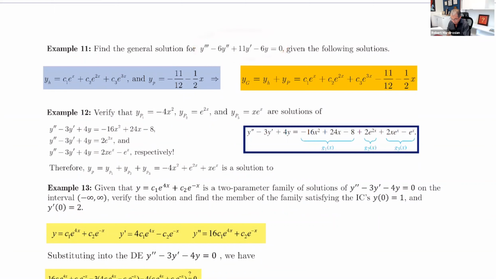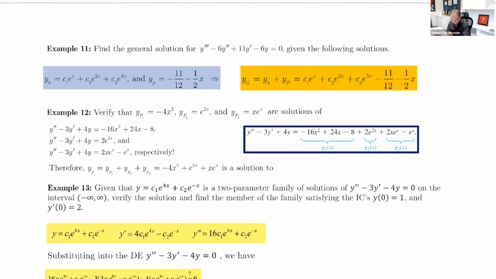This is the same differential equation as in the last example. We know that this is the solution for the homogeneous equation. If we have a particular solution, then the general solution is the homogeneous plus the particular, and we write it like that. This example is just verified.